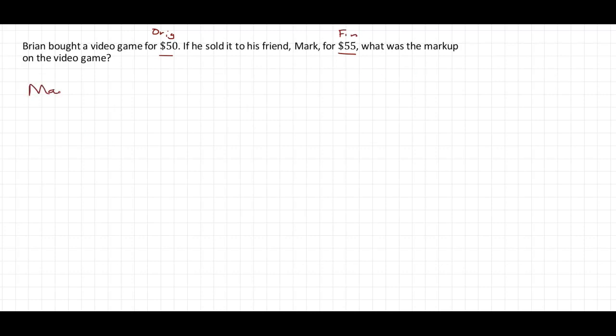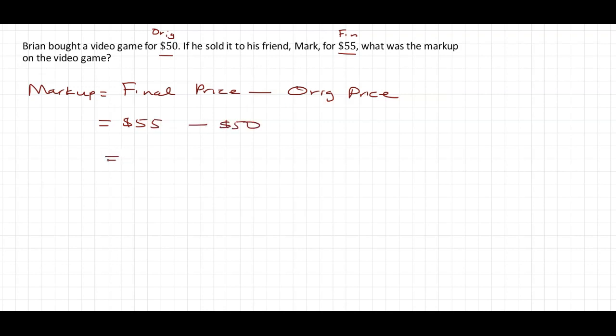So markup is going to be final price minus original price. Okay, so the final price here is $55. The original price is $50. So this is going to give us a $5 markup. So here we have a $5 markup on the video game.